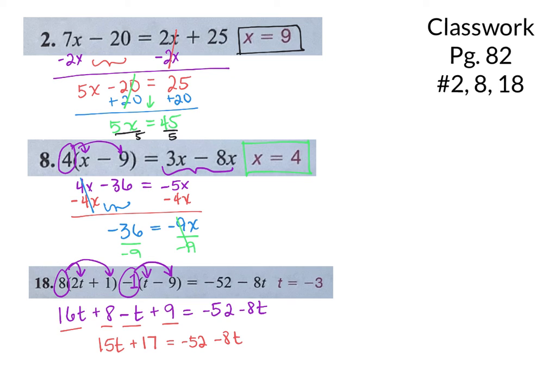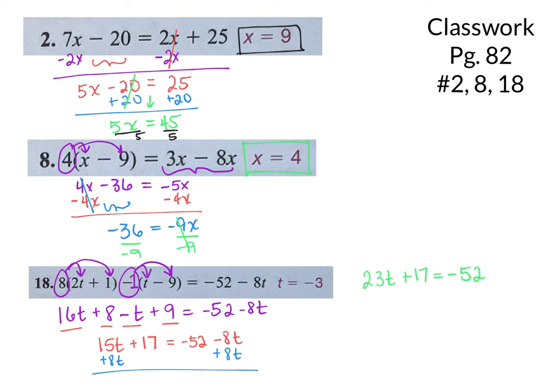So far, so good. All right. Now I'm going to move my t's to one side. So on the left-hand side, I have 15t and 8 plus my 17 equals negative 52.